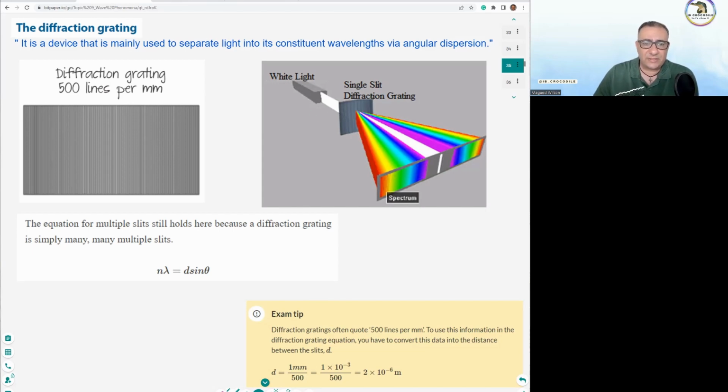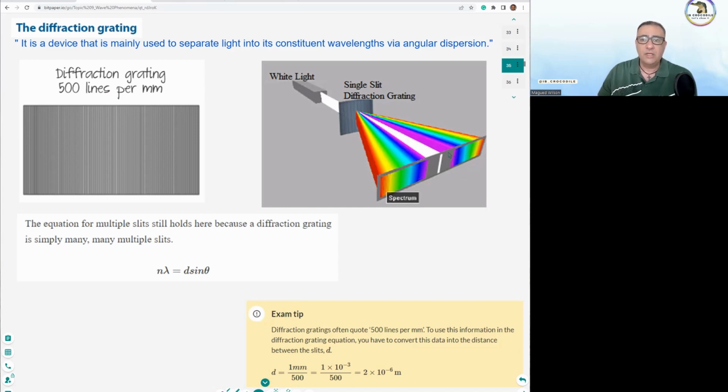So when you see this image, the white light will pass first maybe by a single slit, and then from the single slit into the diffraction grating, which has many slits. So you see here the visible light from red to violet.